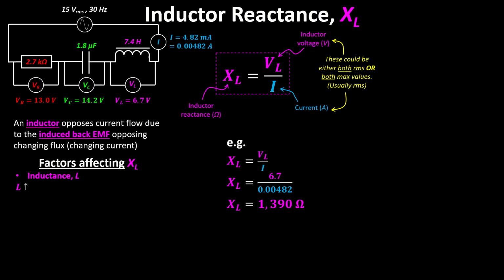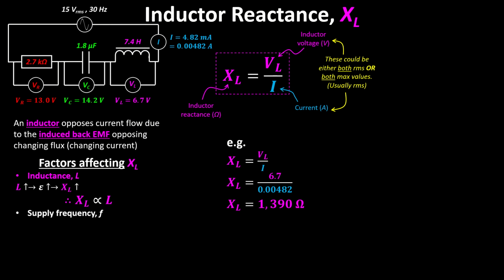If you have a bigger inductance, you induce a larger back EMF. The larger the back EMF is, the more it's going to oppose, which means you get a larger reactance. So a larger inductance is a larger reactance. We can write that the inductor reactance is proportional to the inductance.